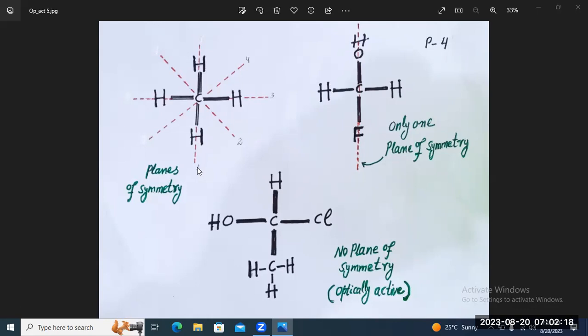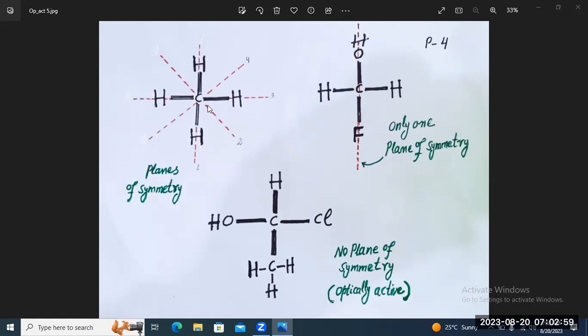For example, you can cut this molecule from this hydrogen to carbon to this hydrogen. You can see here. And after cutting this molecule, you will get two halves, and the two halves will be equal to each other. The mirror images of these two halves would be superimposable on each other.